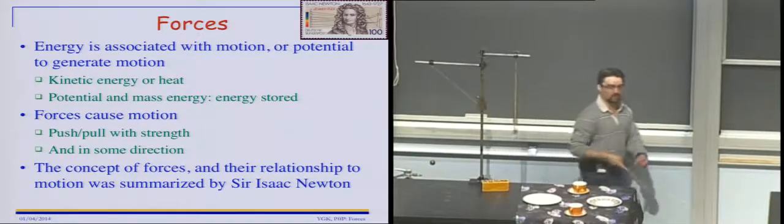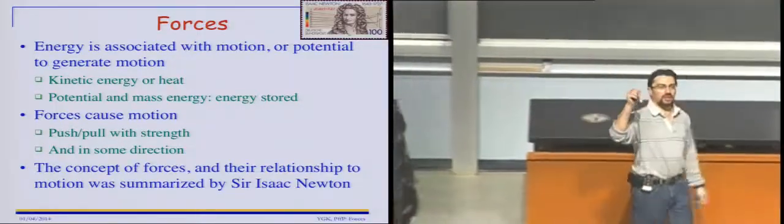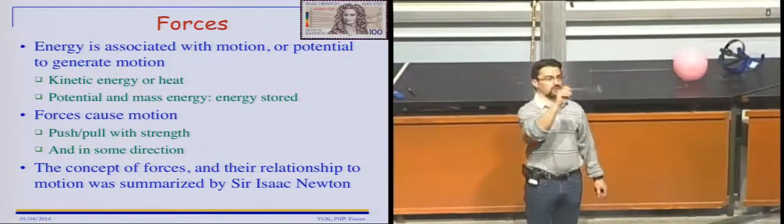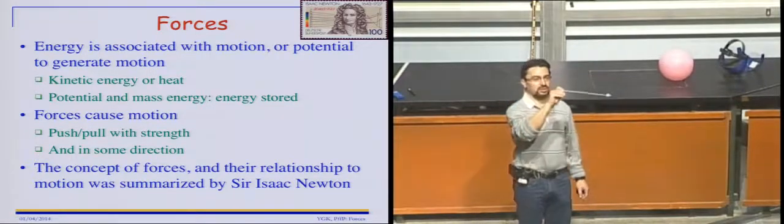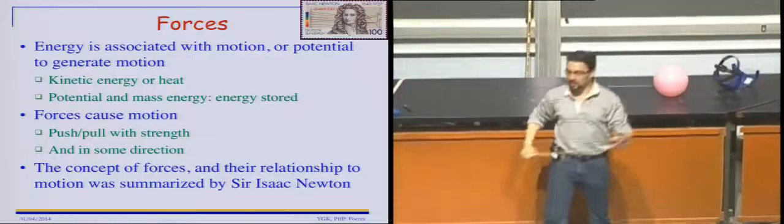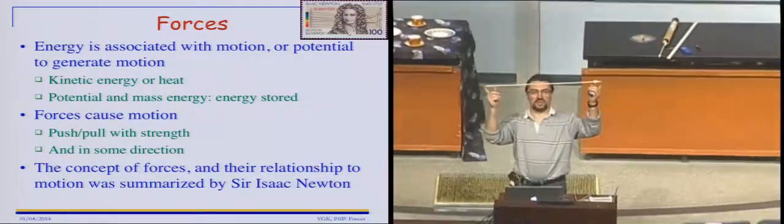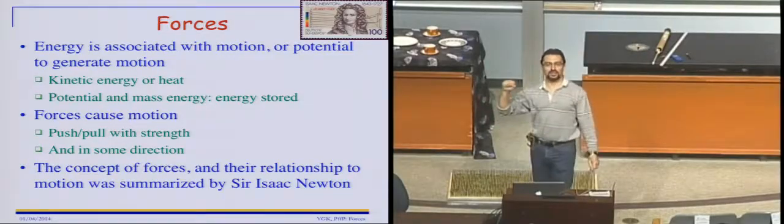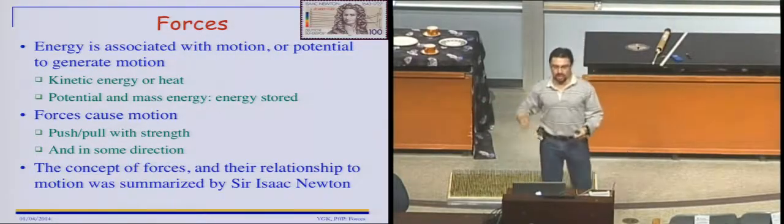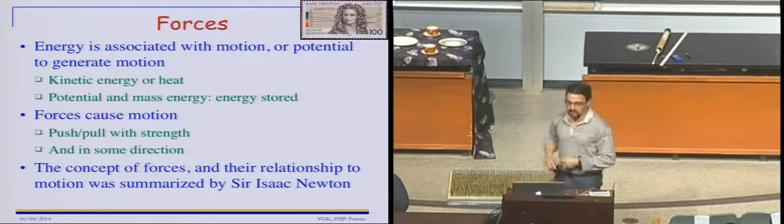So forces are things that look like these arrows from a quiver. They have a direction, so they point in a particular direction, and they also have a magnitude. The length of this object can represent the strength with which I push. So we call them vectors. This is something that has magnitude and direction.